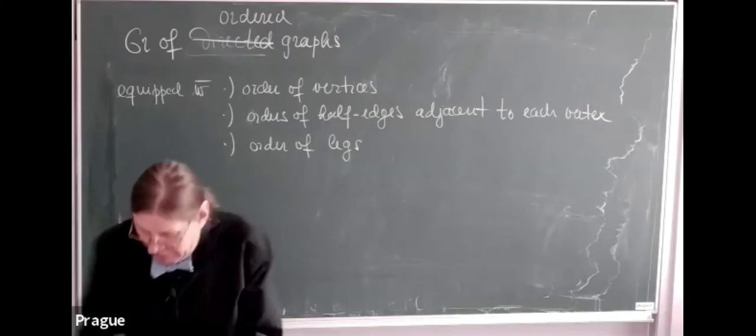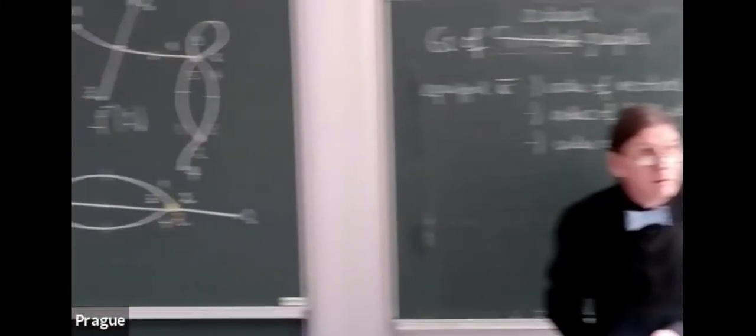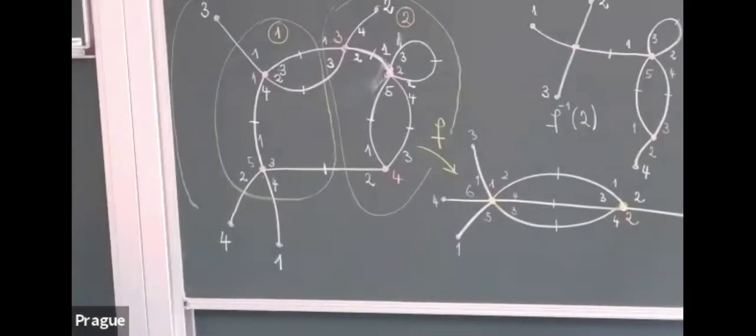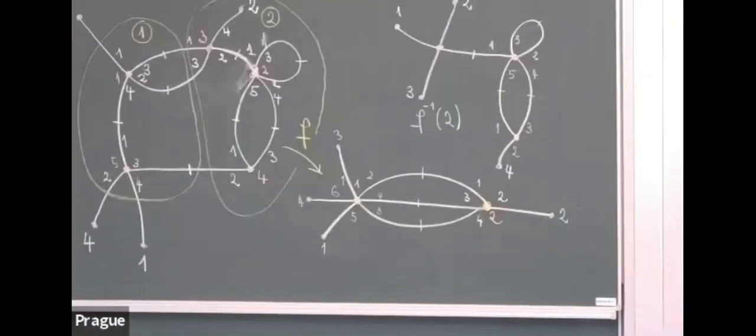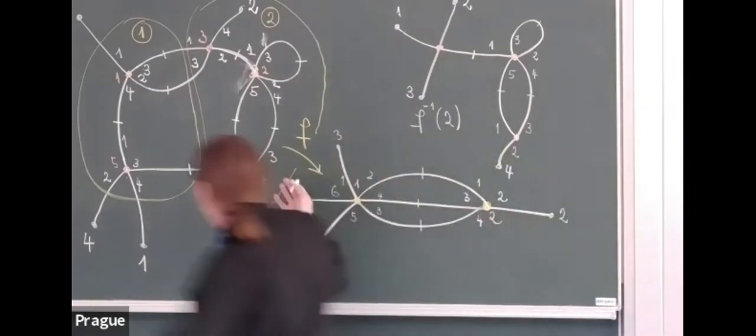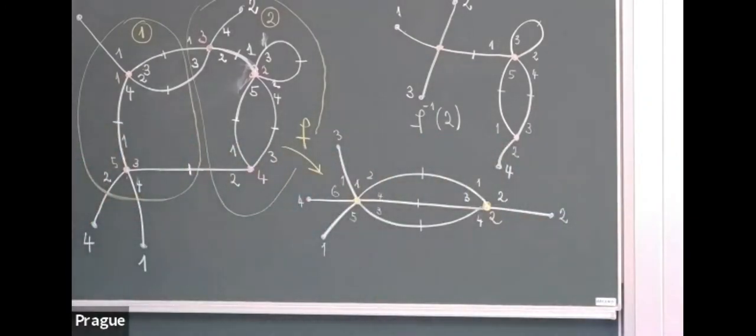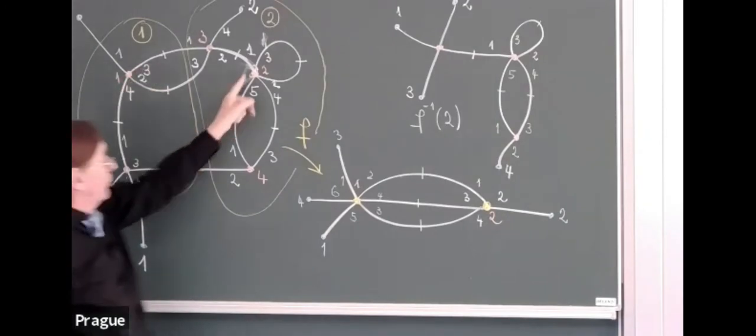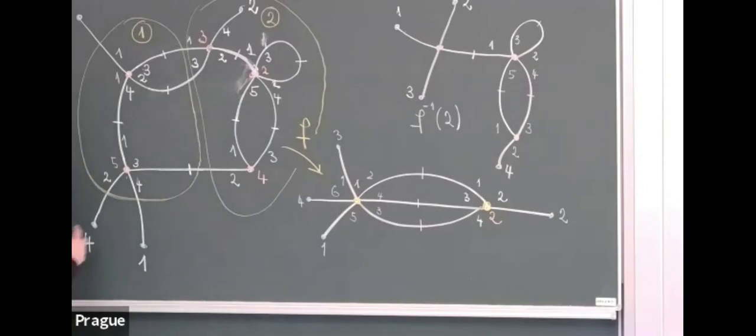And here goes the picture. So this is what I was working on before my talk. So you see the graph. It may have double edges. It may have loops. It has legs.